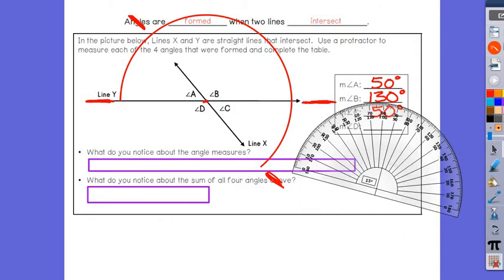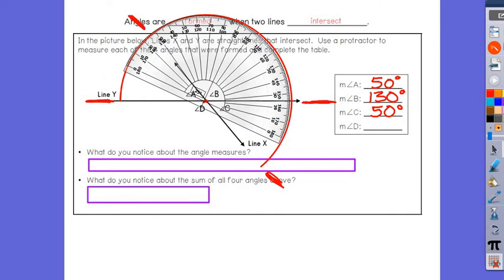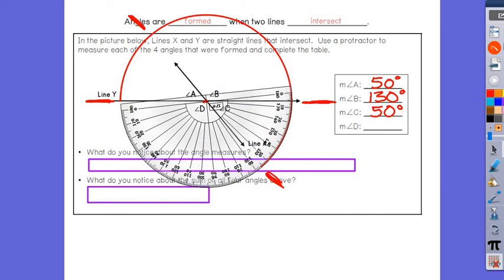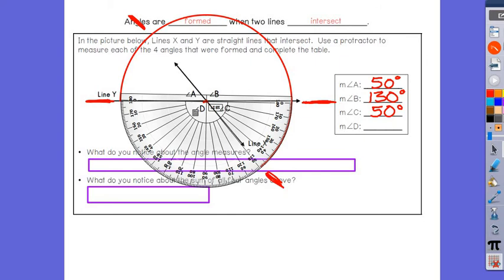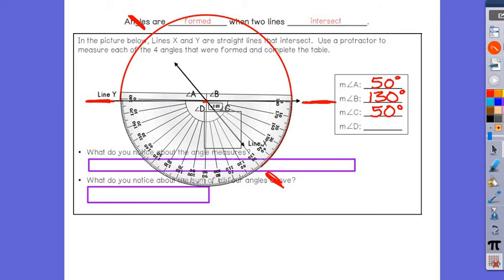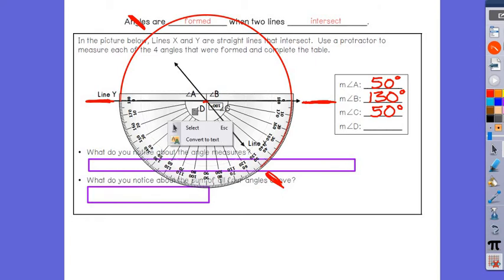Okay, and your angle D. I need to line up my dot again here, rotate it. A little off. Okay, here it's pointing to 0 and 180 over here.